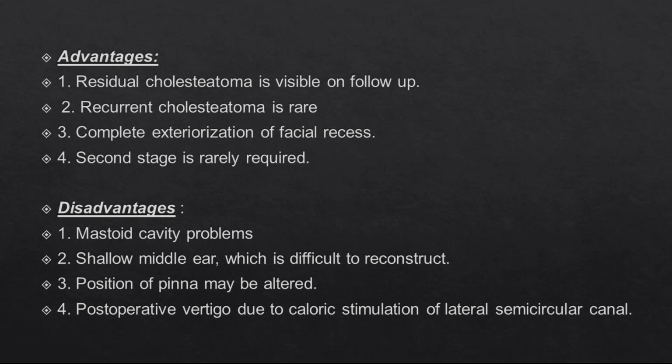Only enlarging the opening is known as meatoplasty. Once you enlarge the opening, more air enters, and that helps in epithelialization of the mastoid. The earlier the mastoid gets epithelialized, the earlier the problem of discharge and everything will subside.